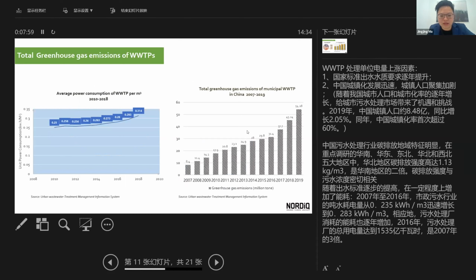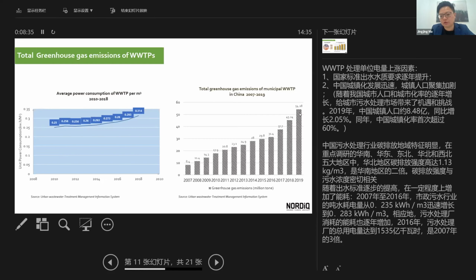We also had a calculation of the total greenhouse gas emissions of wastewater treatment plants in China from 2007 to now. We can see that the unit power consumption per cubic meter has increased from 0.25 kilowatt hour to 0.314 kilowatt hour, so it has been slowly increasing.